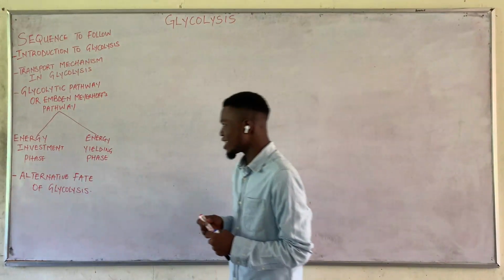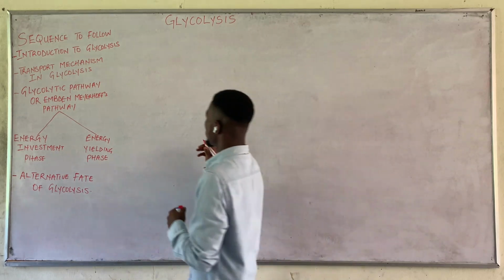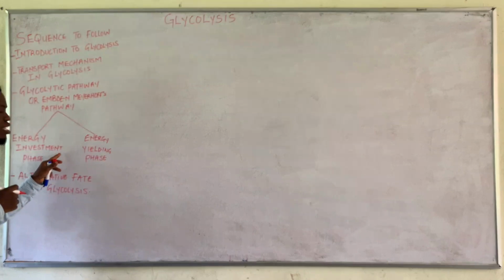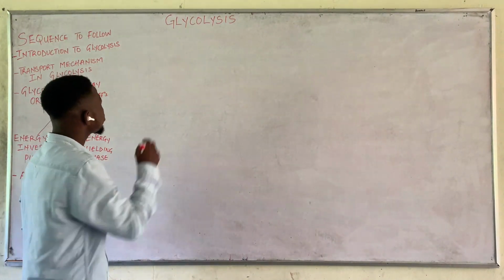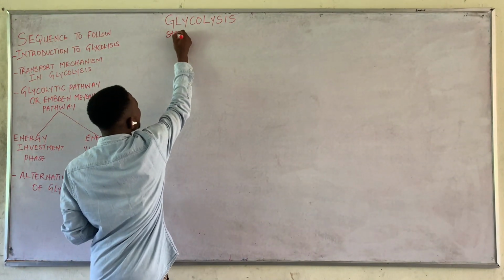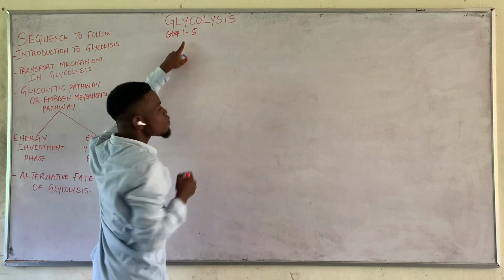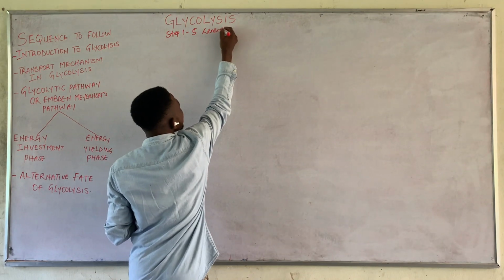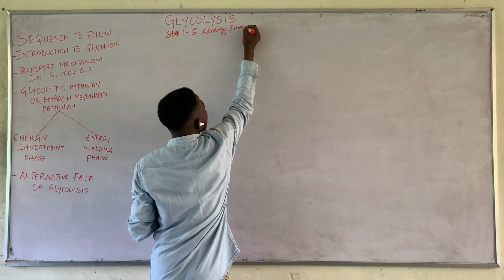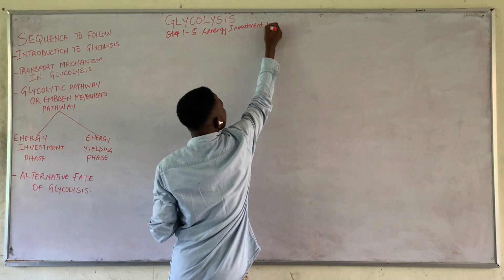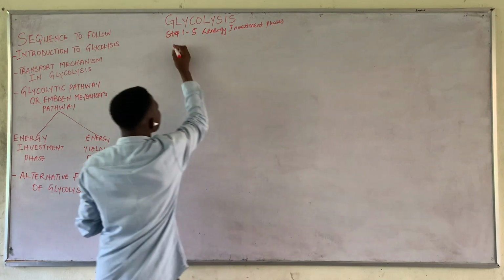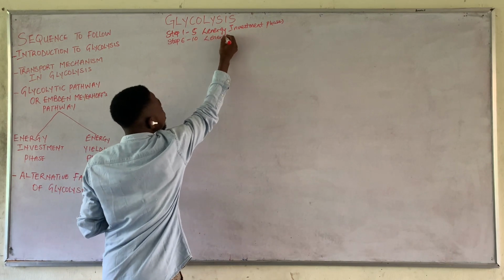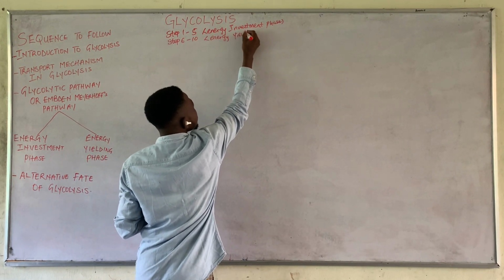We want to look at the energy investment phase. But before I go into that, the glycolytic pathway is divided into the energy investment phase and the energy yielding phase. Steps 1 to 5 of glycolysis is the energy investment phase. Then steps 6 to 10 is the energy yielding phase.